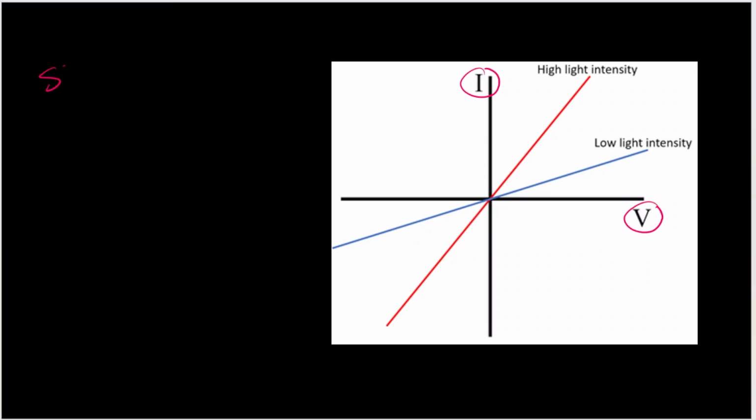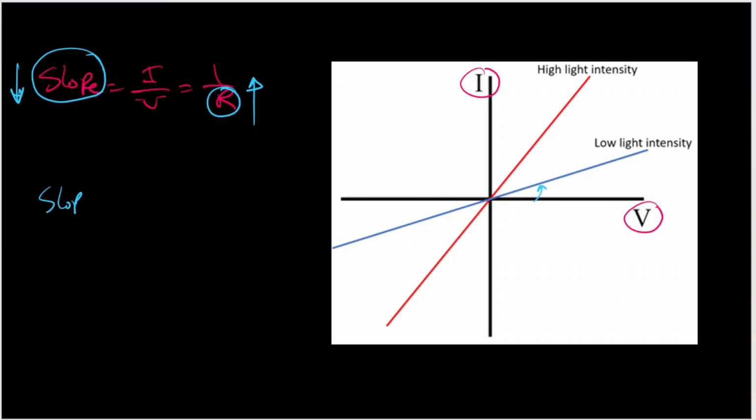Can you see? I told you before the slope of the IV graph is equal to 1 over R. So for higher resistance, you should search for the smallest slope. This is the smallest slope. So the slope of the blue line is less than the slope of the red line.